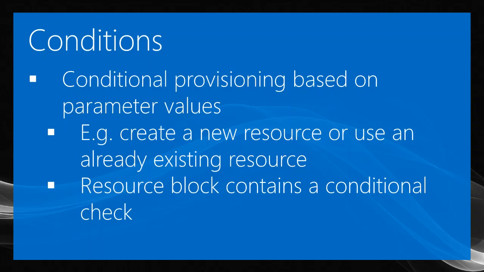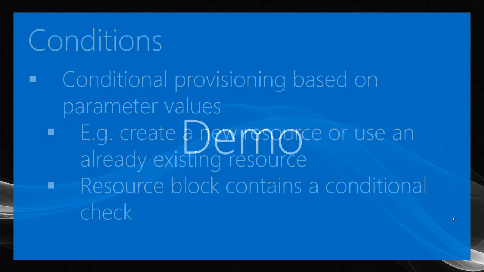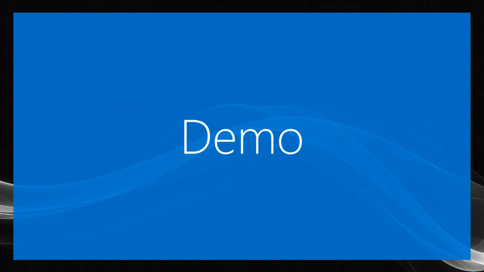So the resource block will actually have this condition property that is checked before it gets actually touched, no matter if it's to deploy or just to reconfigure or analyze the resource. The conditions are always checked. Let's also have a look at that. Let's see how that looks.